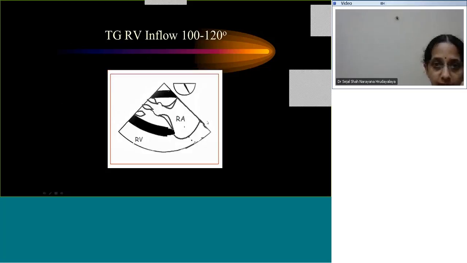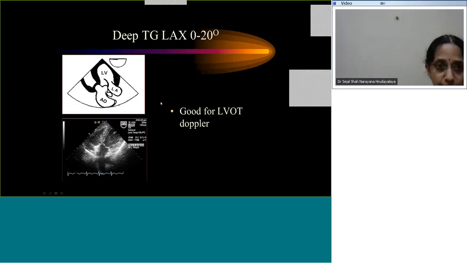Turn towards the right for the RA and RV inflow of the RV, and then come back to 0 degrees and advance the probe a little further, and what we get is the left ventricular outflow tract and sometimes even the right ventricular outflow tract. So this is what we see in the transgastric view.